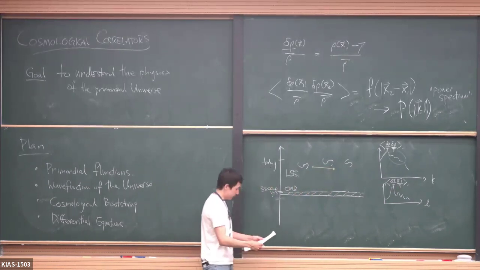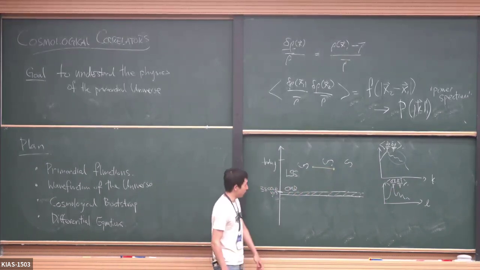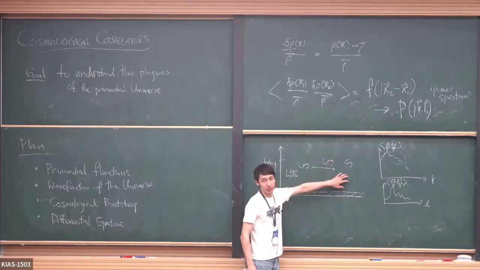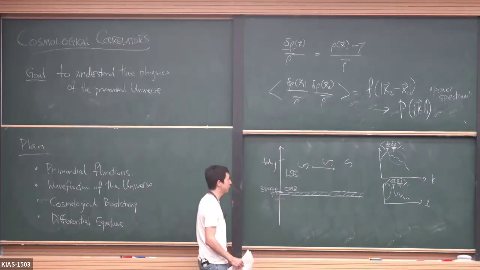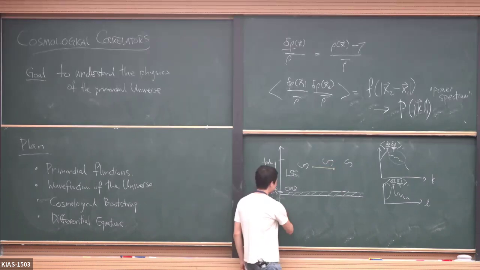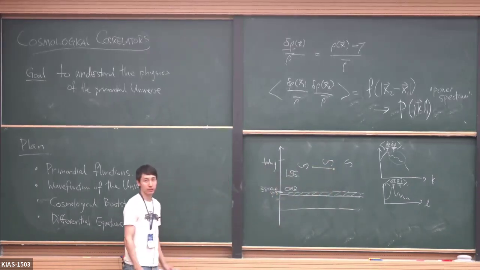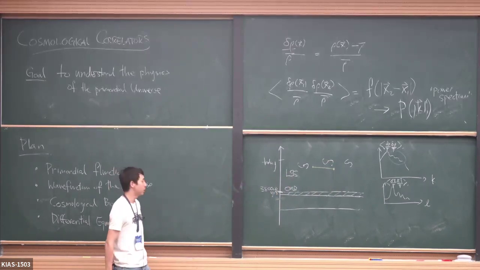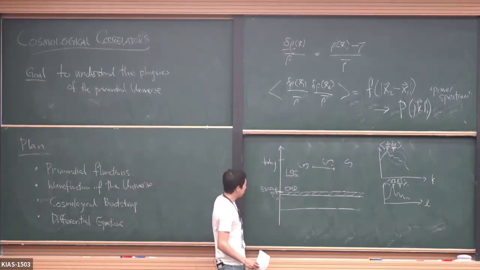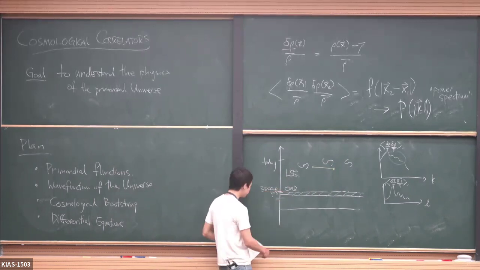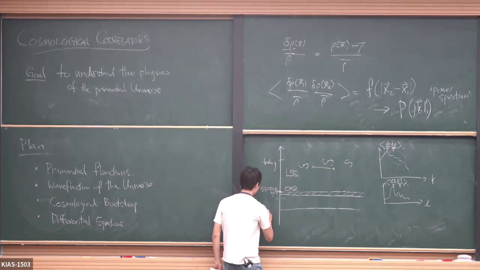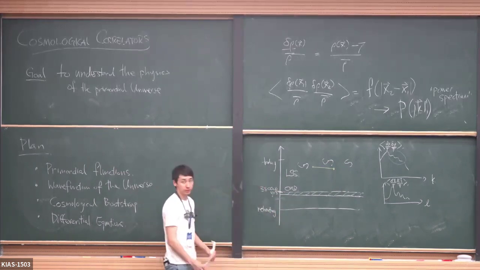Now, so far I've talked about these late time observables that we can actually see in the sky, but these fluctuations must have come from somewhere, the fluctuations that existed even before the CMB was released. If we go all the way to the beginning, then we reach something called the reheating surface.